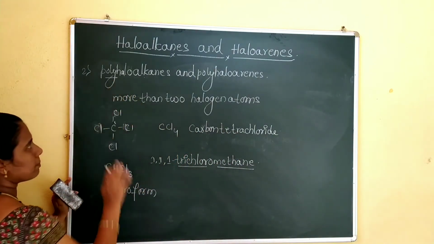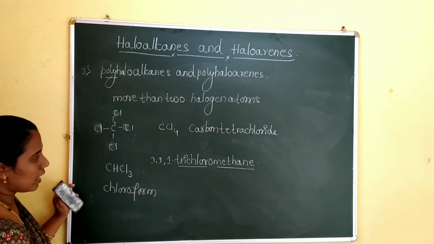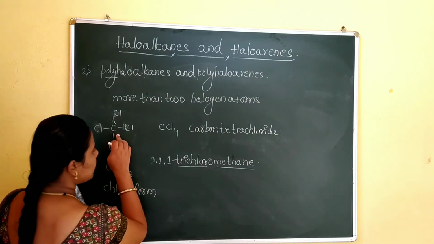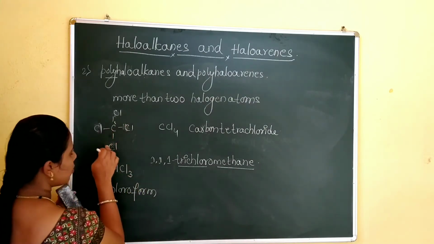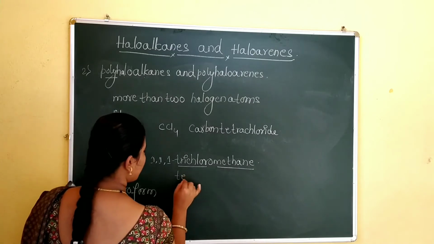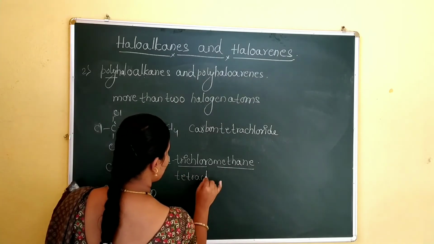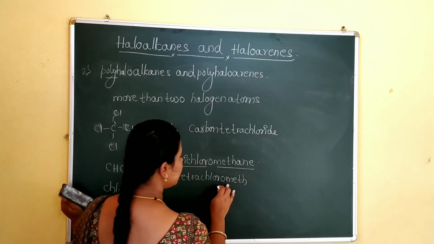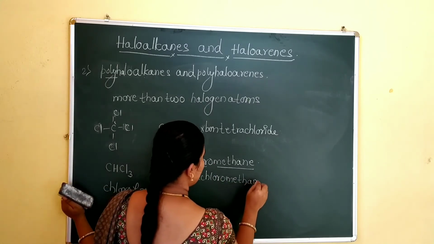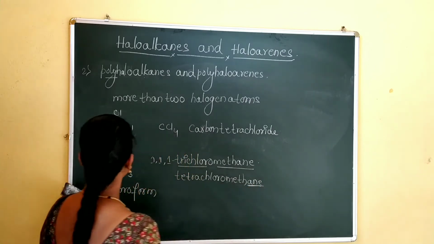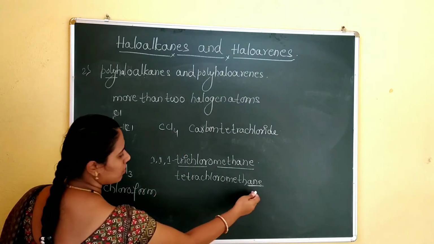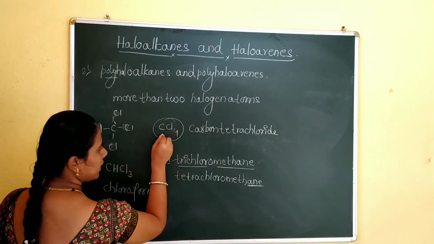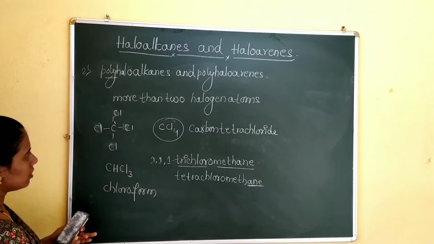It is also an example for polyhaloalkane. The IUPAC name of this compound is 1,1,1,1-tetrachloro. Therefore, the root word is meth and the primary suffix is ane. Tetrachloromethane is the name of this CCl4, carbon tetrachloride.